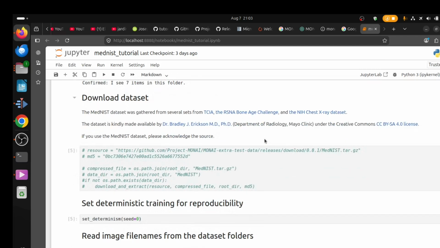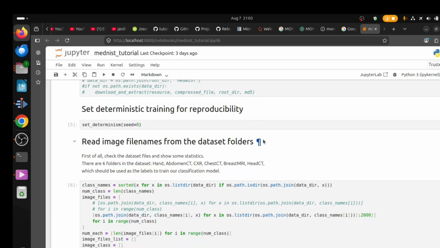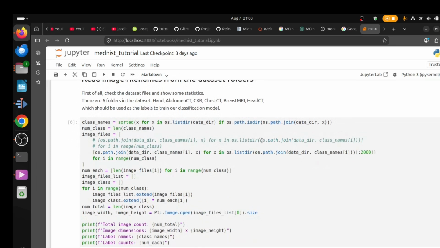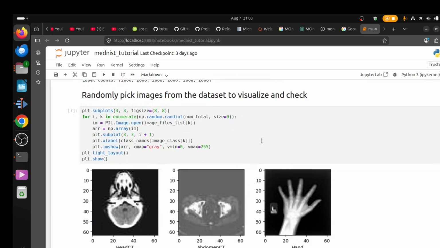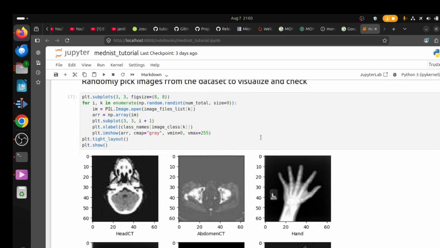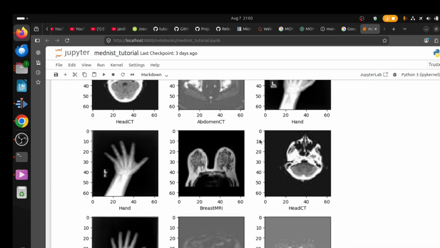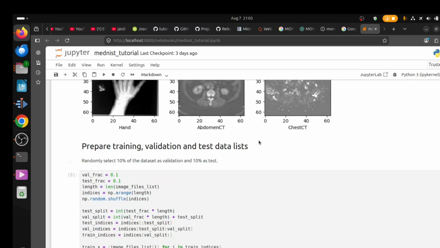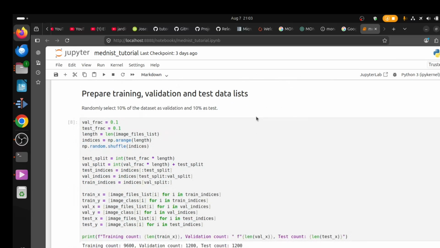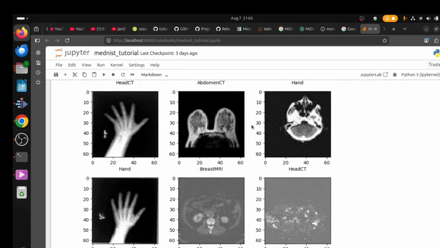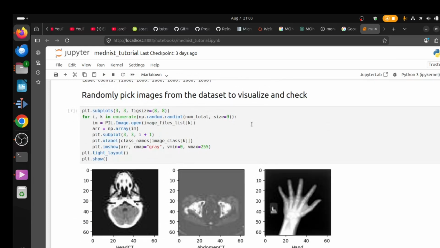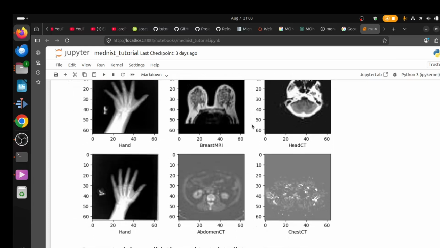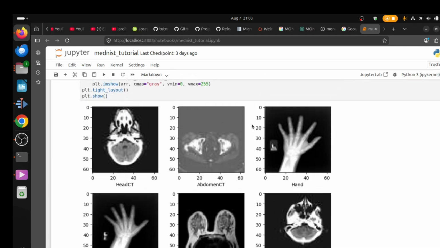My objective today is not to use a different model or a different dataset. Instead, I want to repeat the same experiment while changing only one parameter.